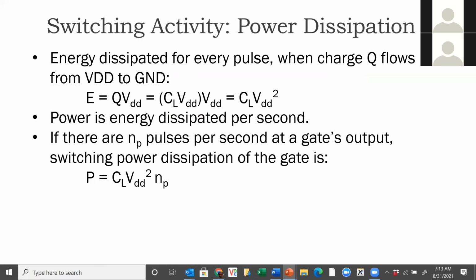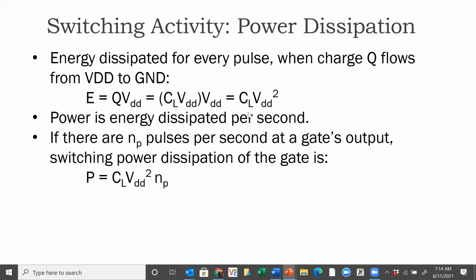Now, when you want to look at power dissipation, we have to determine how many pulses there are per second. First of all, every time charge flows from VDD to ground, some energy is dissipated. Charge times voltage is the energy. The charge is CL times VDD.